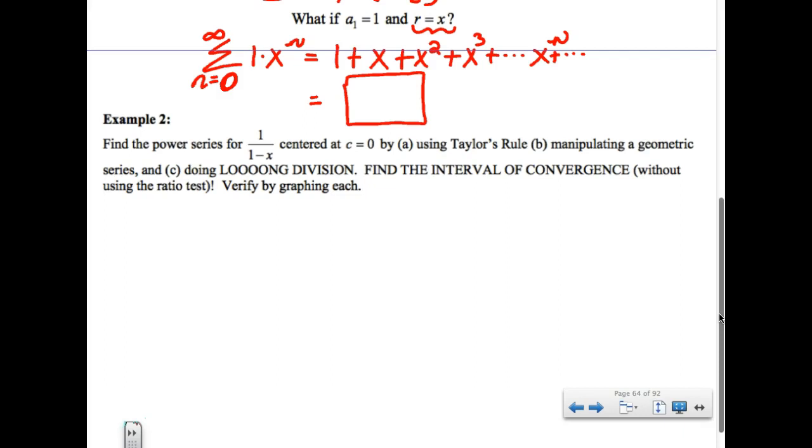So now it says to find the power series for 1 over 1 minus x centered at 0 by using Taylor's rule.